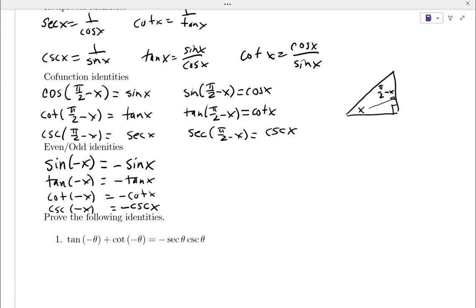The other two, cosine and secant, are even functions. So the negative basically just goes away. And again, this is another reason why you should not think about the first ones as just pulling out the negatives, because it doesn't work for these two in particular.